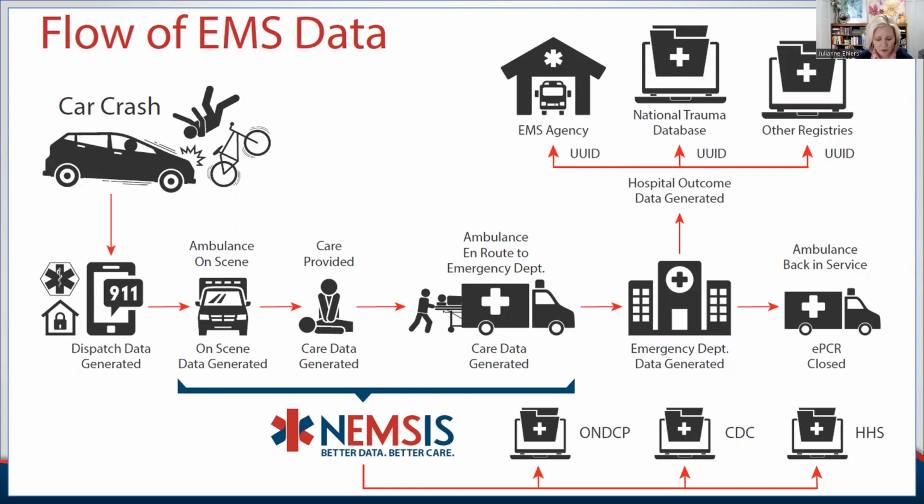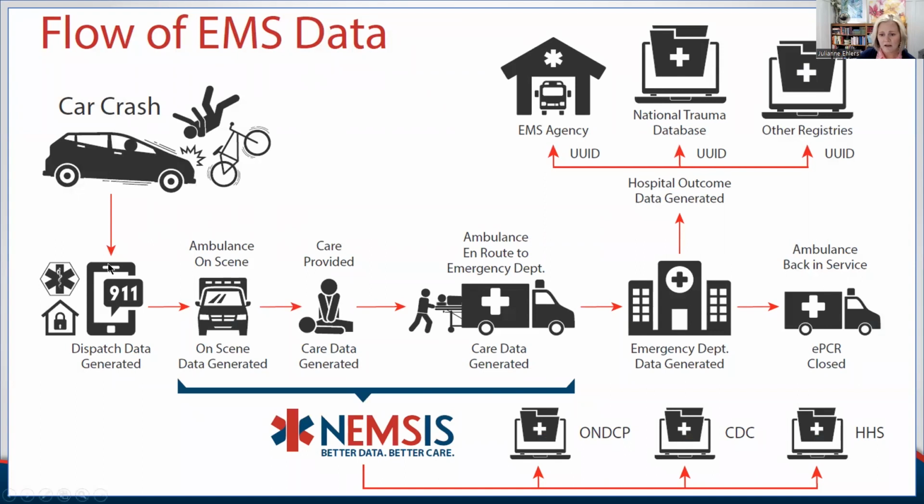For those of you who may not be as familiar with the flow of EMS data, this graphic just gives you a little bit of an insight into how far that patient care report, or PCR, data travels after it's collected in the field.